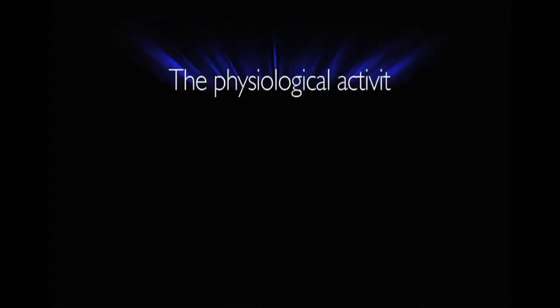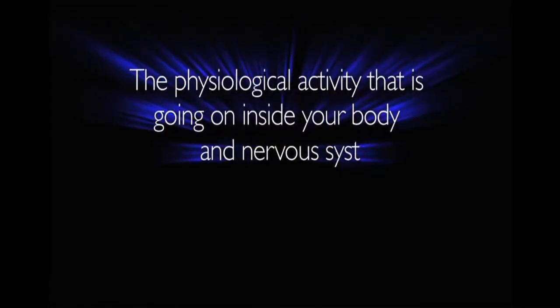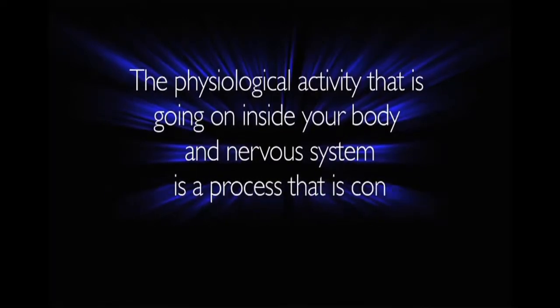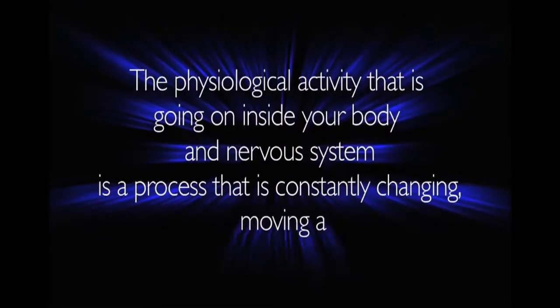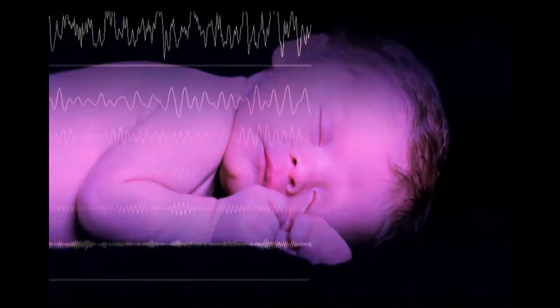The physiological activity that is going on inside your body and nervous system is a process that is constantly changing, moving, and responding. It responds to what happens in the outer world around you, but also to your inner world of thought, perception, and emotion.